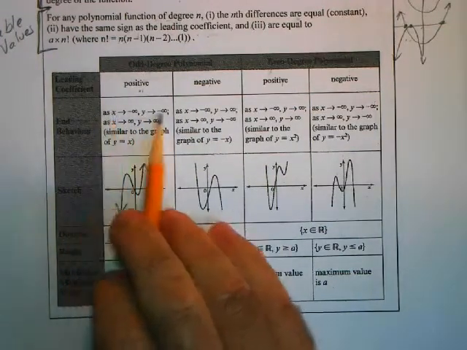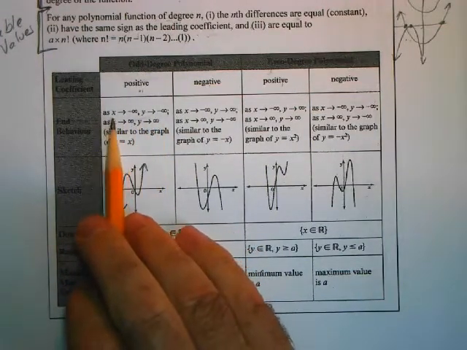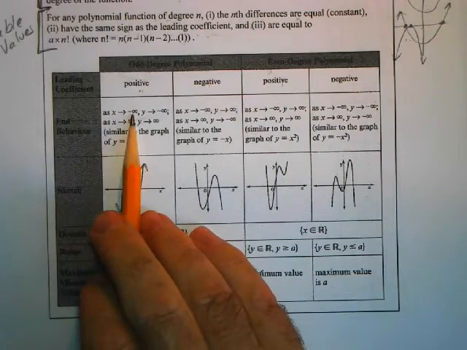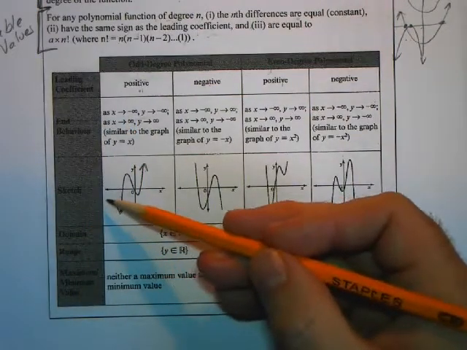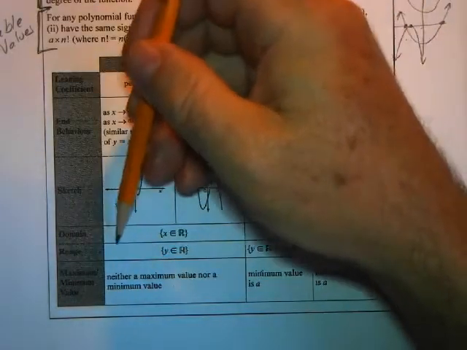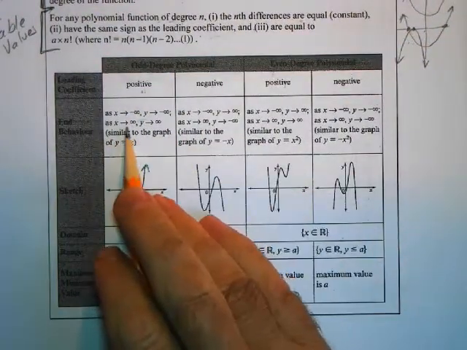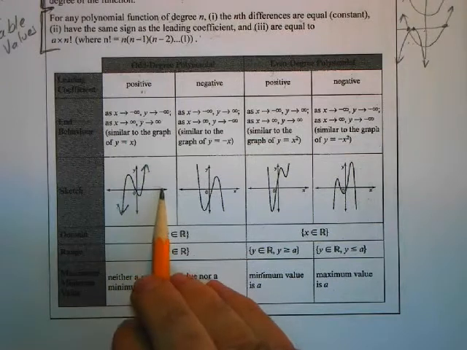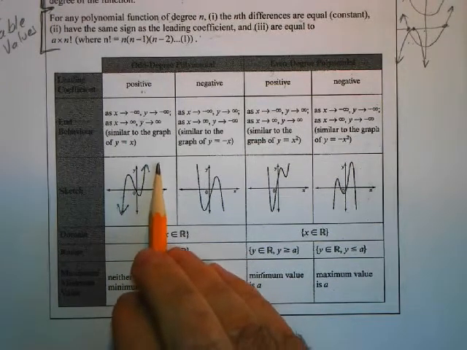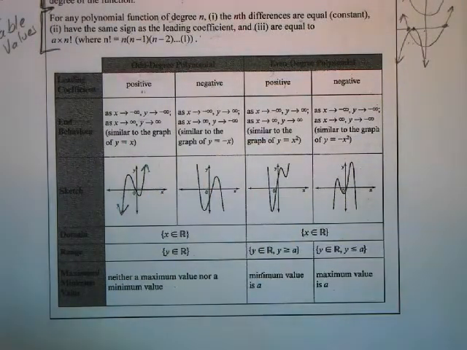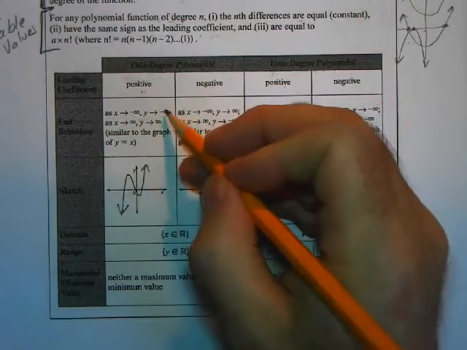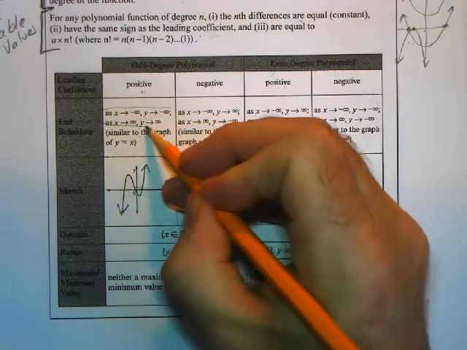So as x approaches negative infinity, as x goes that way, y is approaching negative infinity, it's going down. And as x approaches positive infinity, as it goes to the right, y is also approaching positive infinity. This is one way of talking about the end behavior.